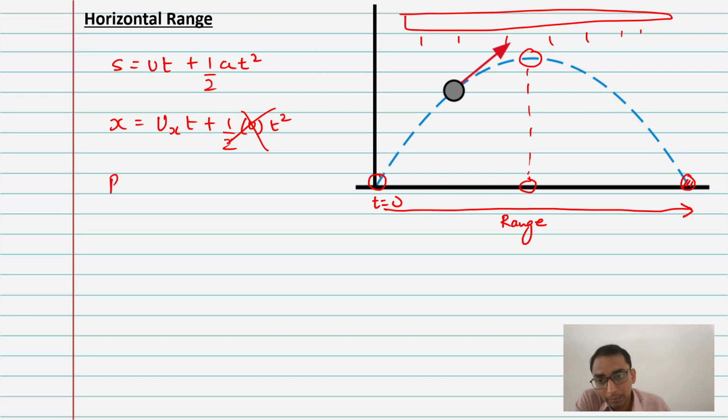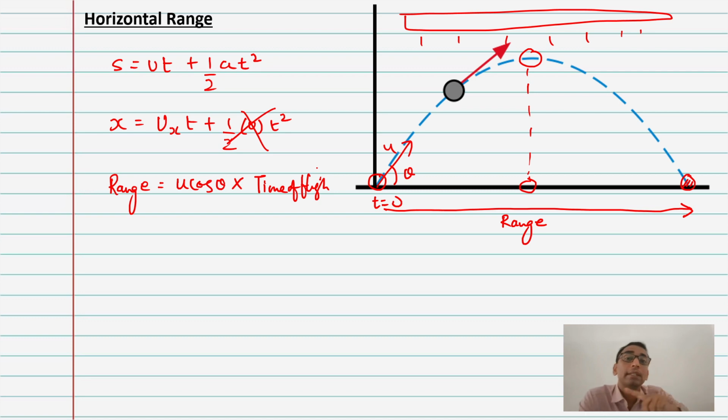Now x, I'm going to call this range, is equal to ux, that is the initial velocity's x component, so that is u cos theta, times, if I substitute time of flight, that means I'm going to take the time for the entire journey. So range is equal to u cos theta times the time of flight.